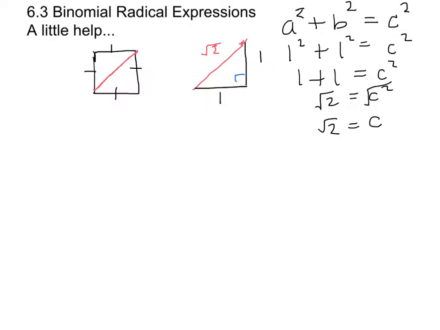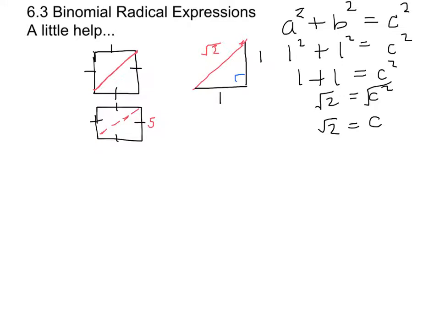So if you're given a square, and you know the side length, say the side length is 5, well, you know the ratio of sides for a right triangle. That's a 45, 45, 90 right triangle, where the sides are always side, side, side root 2.